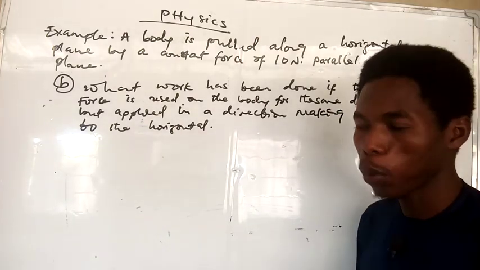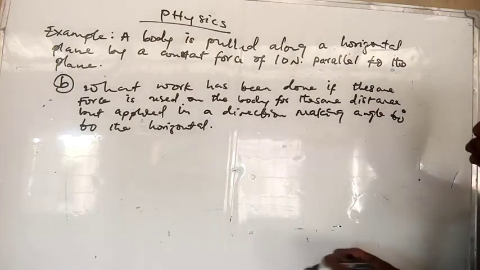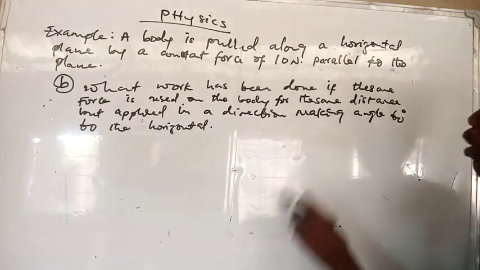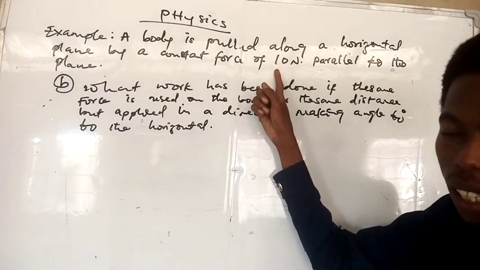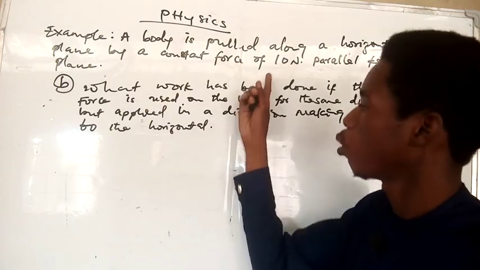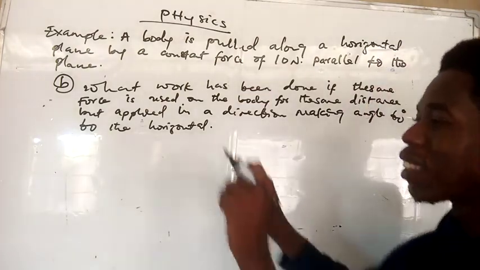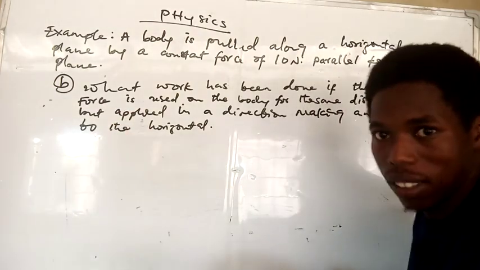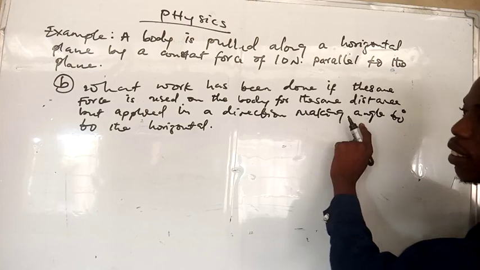So B part kuma na question din aka ce wani work done ne yanzu kuma za mu samu idan aka yi applying din the same force, wato wannan 10 Newton din akan object din, kuma ya yi moving the same distance still but applied in the direction making angle 60 to the horizontal.